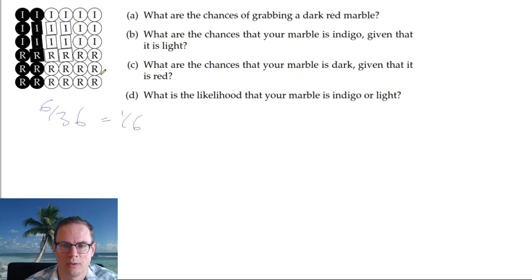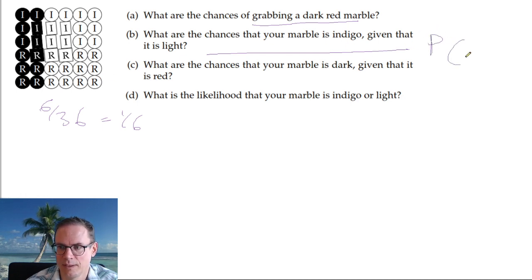So yeah, again, we're assuming that every marble is equally likely to get picked. And there's the event of grabbing a dark marble, and that event can be realized in 6 different ways, right? You can grab this marble, that marble, that marble, and so on. All right, what are the chances that your marble is indigo given that it is light? So this is a conditional probability.